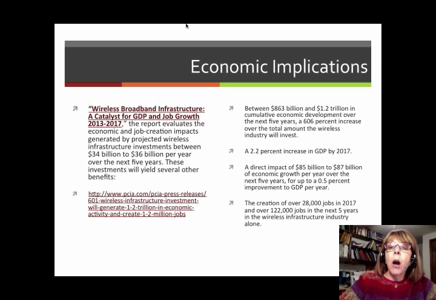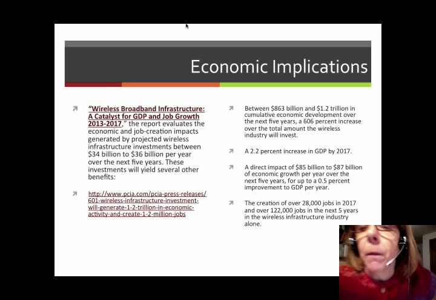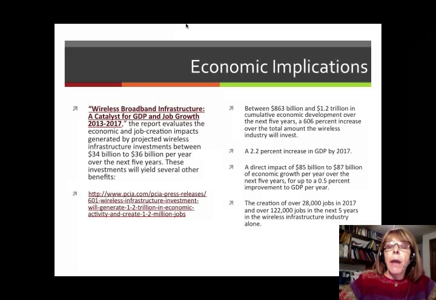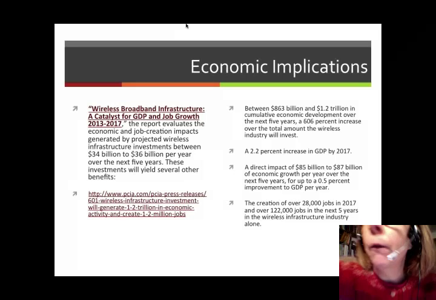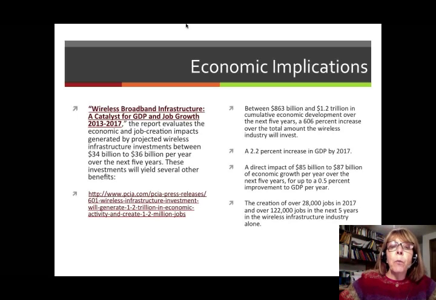On the right are the projections that between $863 billion and $1.2 trillion in the cumulative economic development over the next 5 years will be a 606% increase over what the information infrastructure is putting in.